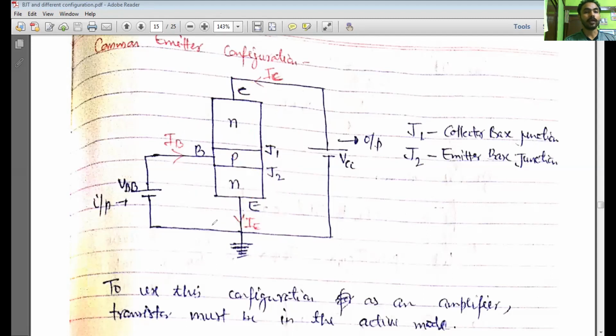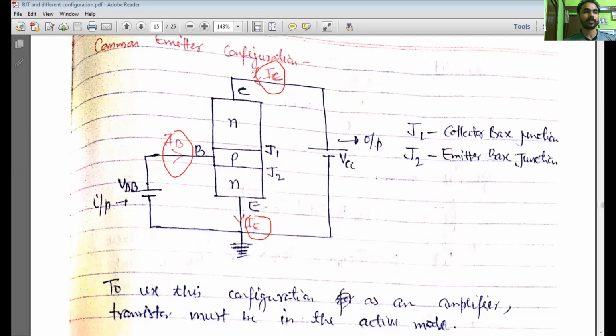As we know, if it is an NPN transistor, irrespective of whatever the configuration is, the current will come out from the emitter, and the current will go in from the base and collector. No definition is changing. It's the definition we carry when we discuss the NPN transistor.